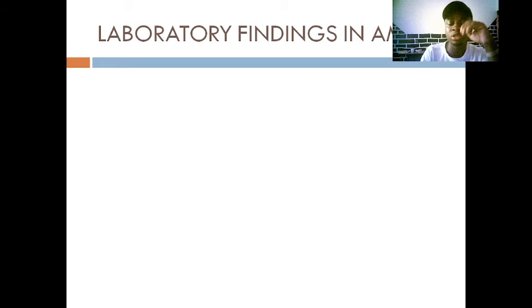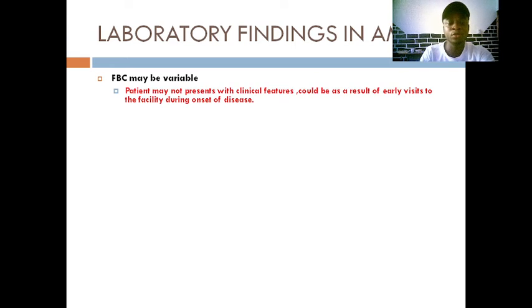So the laboratory findings in acute myeloid leukemia. What will you see as a laboratory scientist? FBC results may be variable, so you don't have to judge.